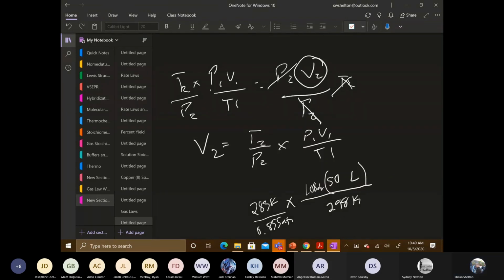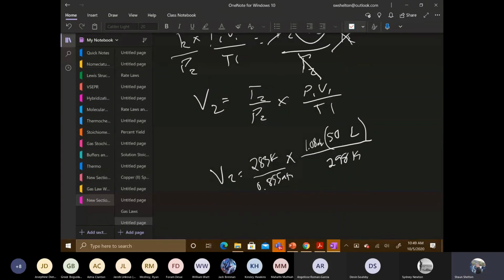How do we go about the calculation here? Well, you can just do it in steps. I'll just do 283 divided by 0.855, that gives me 330.99. And then you've got 1.08 times 50, divide that by 298, that gives me 0.1812.